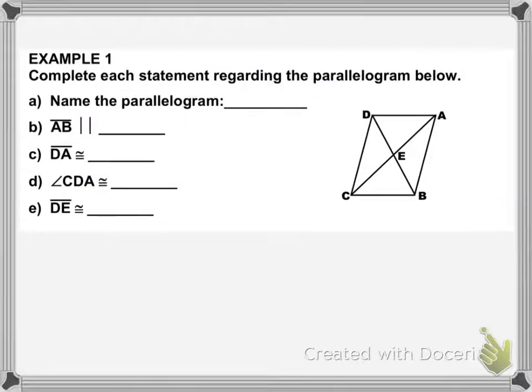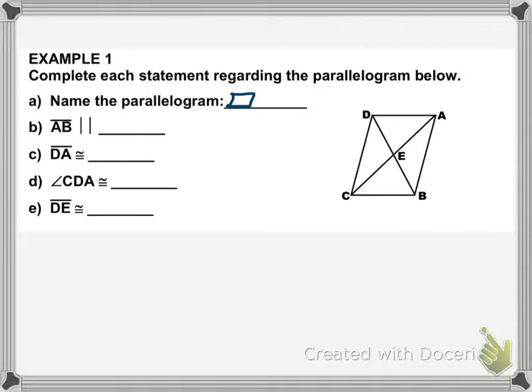Okay, so the first thing we're going to do with this parallelogram is we're going to name it. So we're going to give it a name based on its vertices. There will be 4 vertices in any quadrilateral. So to name it, you can put a little tiny parallelogram symbol. Sometimes you'll see that, sometimes you won't. And then you'll pick the 4 vertices, and you can start with any of them.